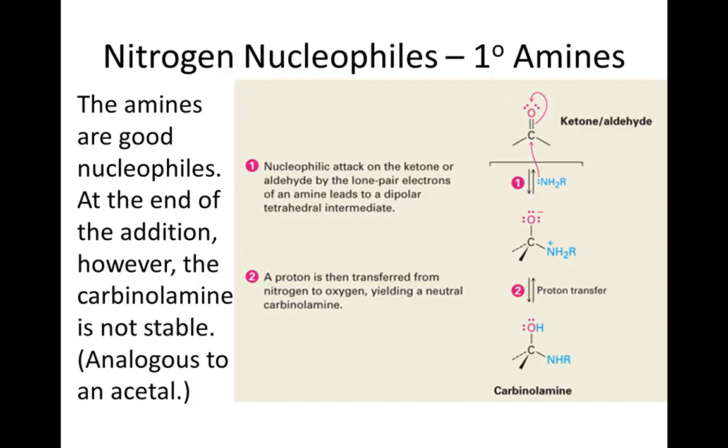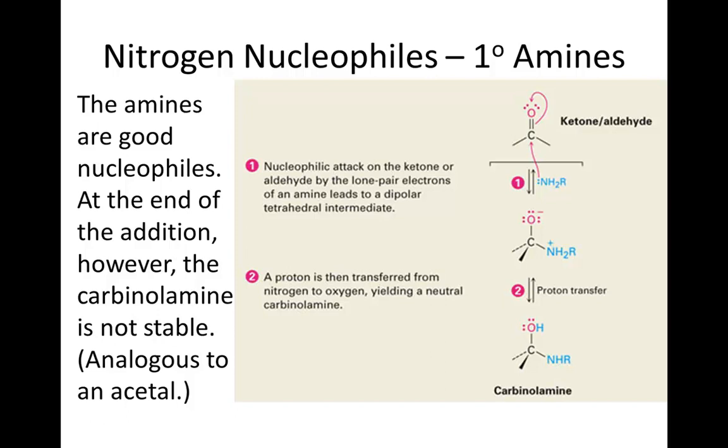Now, they didn't draw that in this part of the book, but I will show you in a second that they're very pH dependent. So we actually are going to start out by protonating most of the time, but the nitrogen is the nucleophile on the carbonyl carbon, and you get a proton off of here, and you get a proton up here, and so you make a product that looks like a hemiacetal.